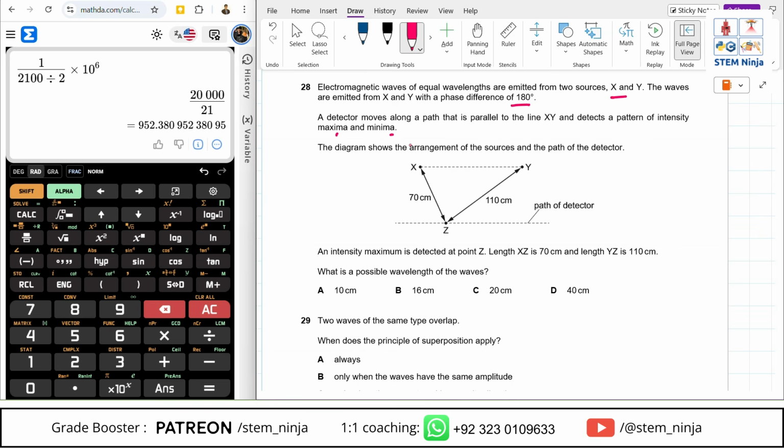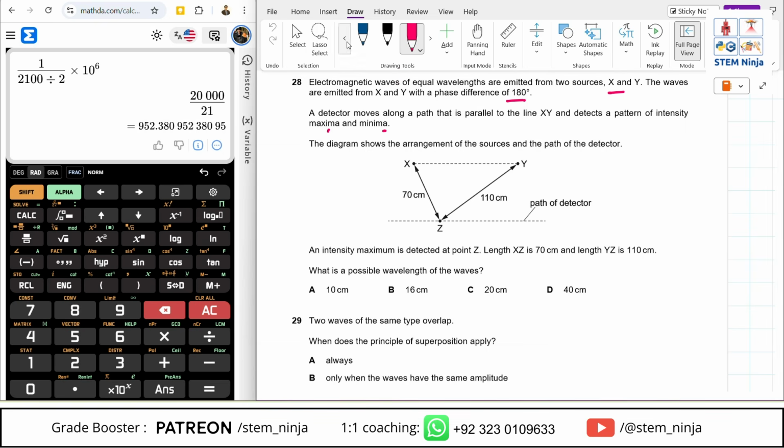The diagram shows the arrangement of the sources and path of the detector. Intensity maximum is detected at point Z. Length XZ is 70 centimeter. Length YZ is 110 centimeter. What is the possible wavelength of the waves?